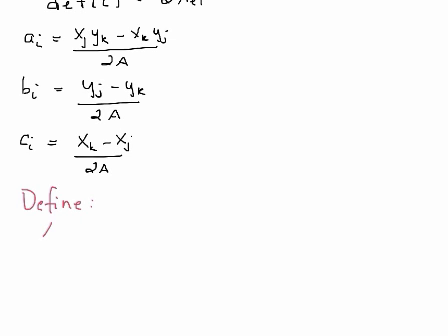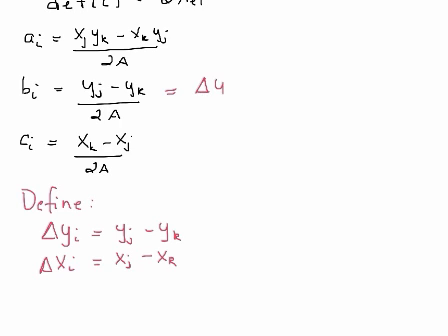So we are going to define delta y of i equal to yj minus yk. We're going to define delta x of i equal to xj minus xk. And when we substitute those in, that means that b of i is delta yi over 2a, and c of i is delta xi over 2a.